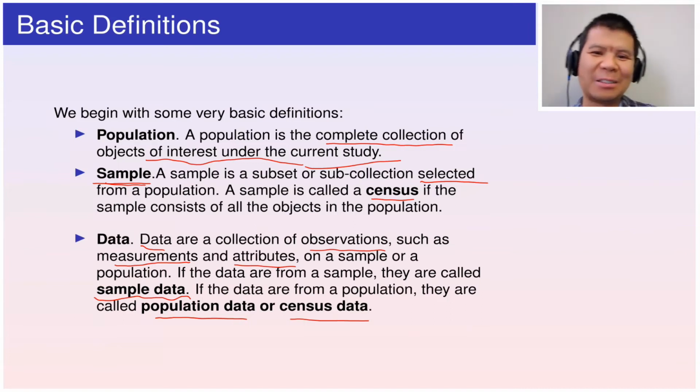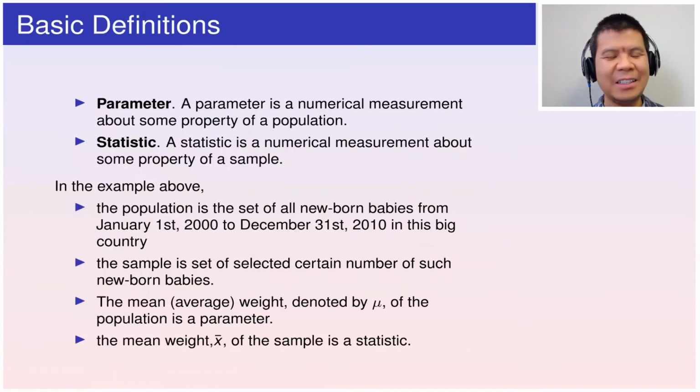So it's pretty easy to understand. It just depends on whether it is from a sample or from a population. If it is from a sample, it's called sample data. If it is from a population, it is called population data or census data. Pretty interesting, right? Now let's see another two concepts here: parameter and statistic.